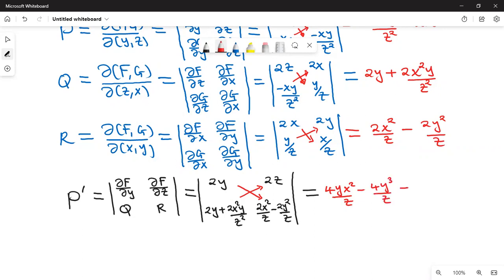Then subtract the product of the other diagonal, that is minus 4yz. Remember it is a minus, so another minus 4x squared yz over z squared.